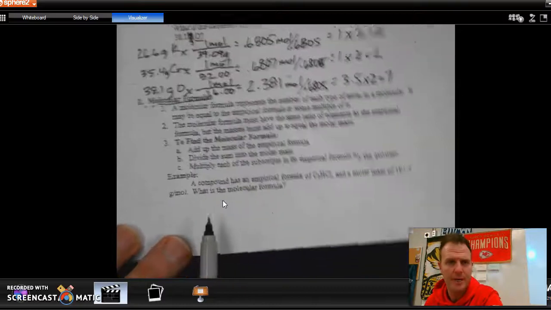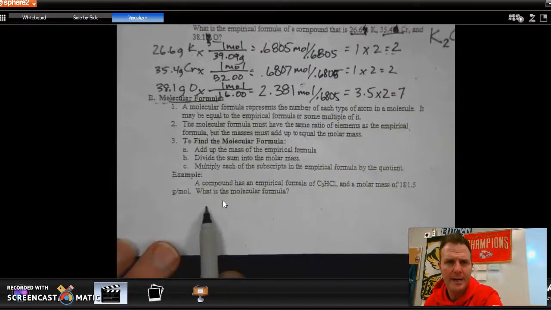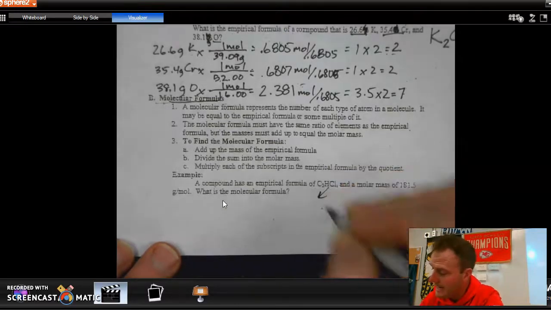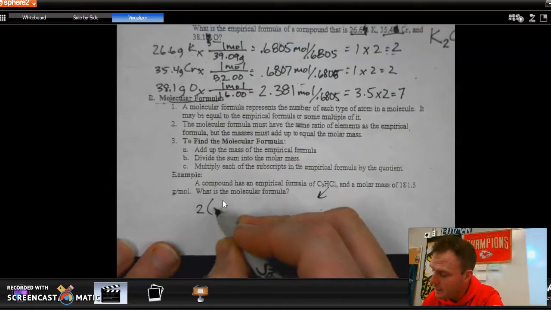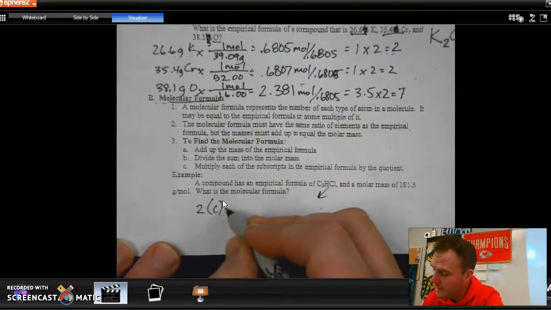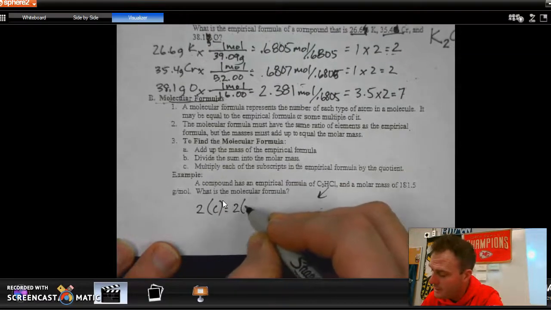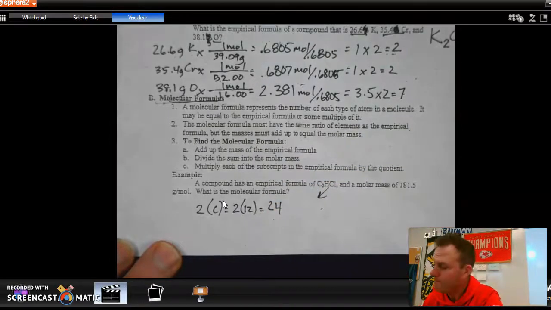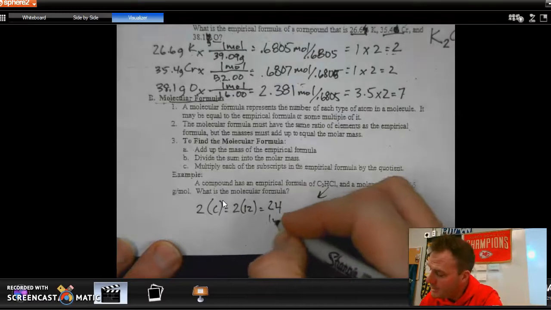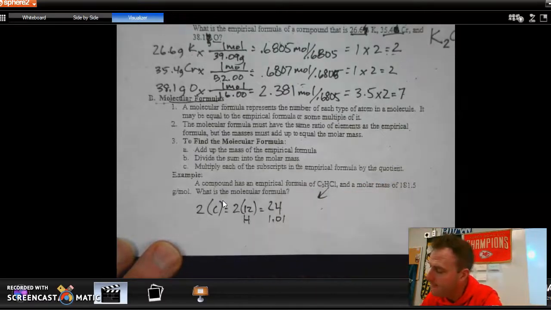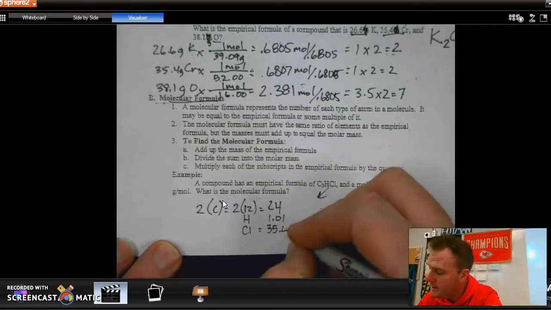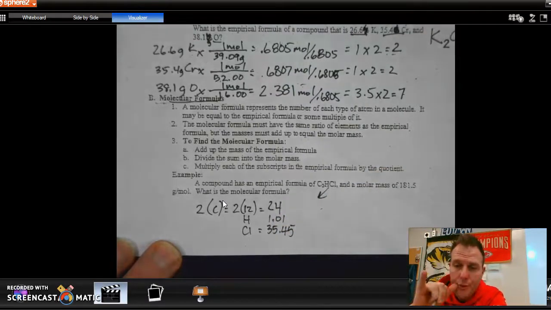So on this problem down here, it says a compound has an empirical formula of C2HCl. So add that up. 2 carbons, which is 2 times 12 apiece, which is 24. And H, which is 1.01. And Cl is 35.45.